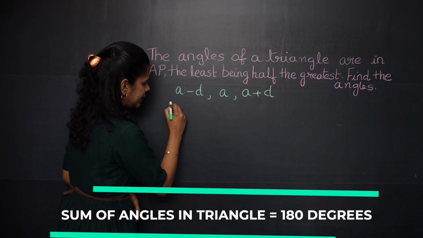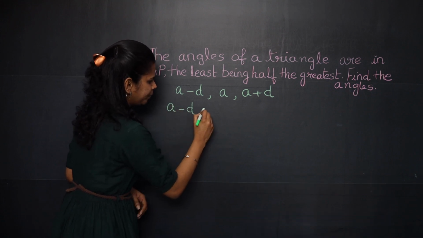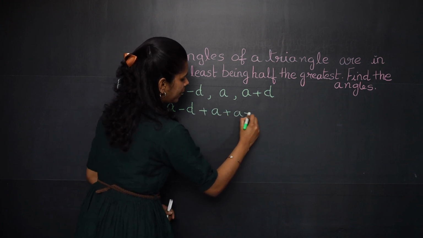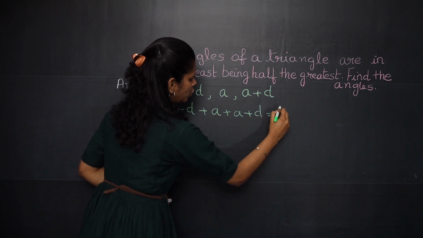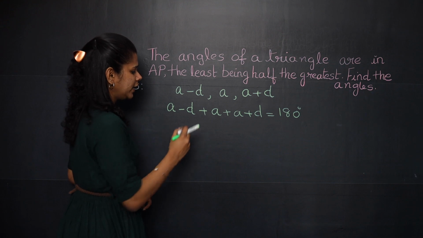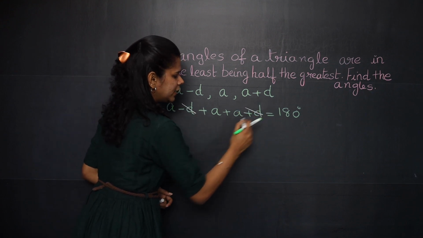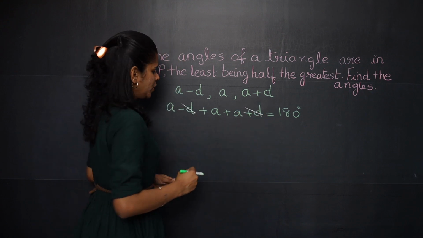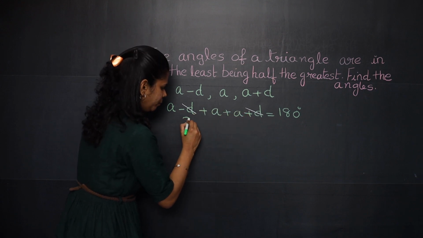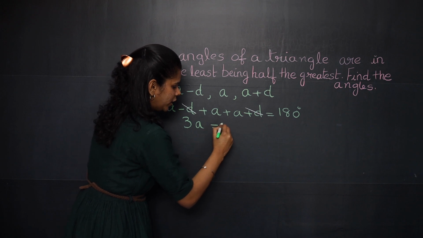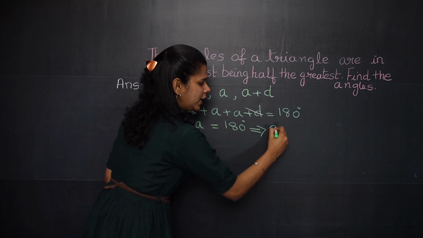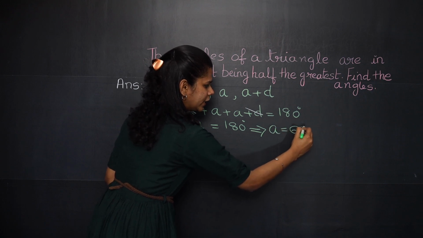So, you will write it as A minus D plus A plus A plus D equal to 180 degree. So here this minus D and plus D gets cancelled. So what is A plus A plus A gives you? It is 3A is equal to 180 degree, which implies A is equal to 60 degree.